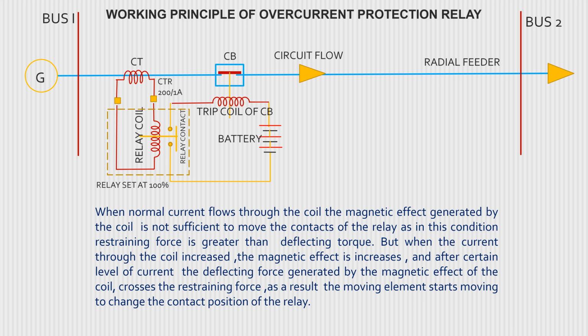But when the current through the coil increases, the magnetic effect increases, and after a certain level of current, the deflecting force generated by the magnetic effect of the coil crosses the restraining force. As a result, the moving element starts moving to the contact position of the relay.